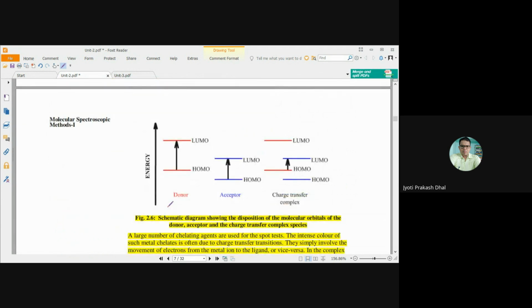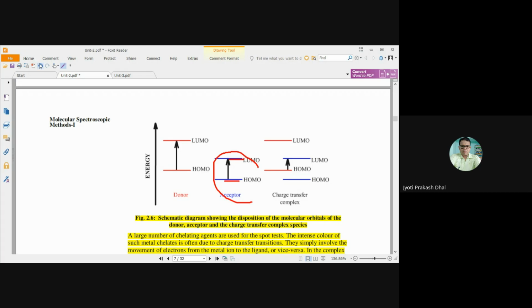So this is figure 2.6. This shows the energy levels of the donor. This is the highest occupied molecular orbital energy level, HOMO, and this is the lowest unoccupied molecular orbital energy level, LUMO. So this is for the donor state. Similarly, for the acceptor state, this is HOMO and this is LUMO.